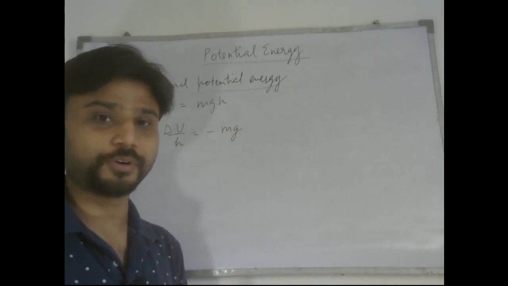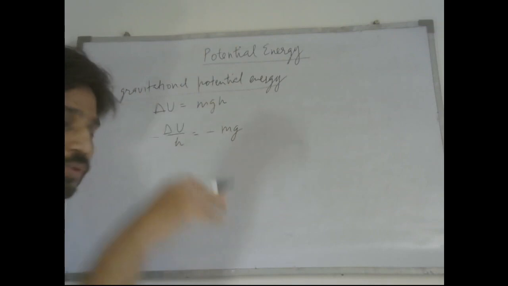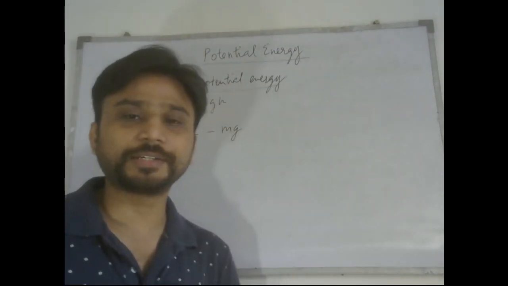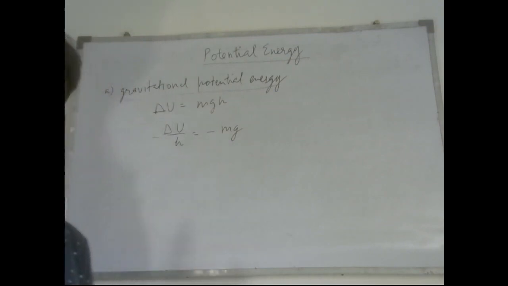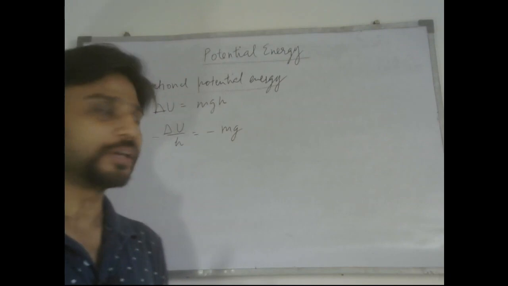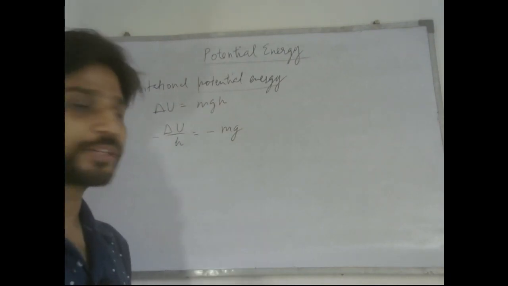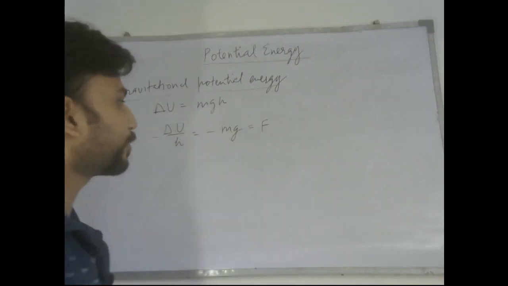It also gives me a negative sign, which shows that the gravitational force is acting in the downward direction. So this is a useful way to find the force acting on the system, that is the force of gravity.